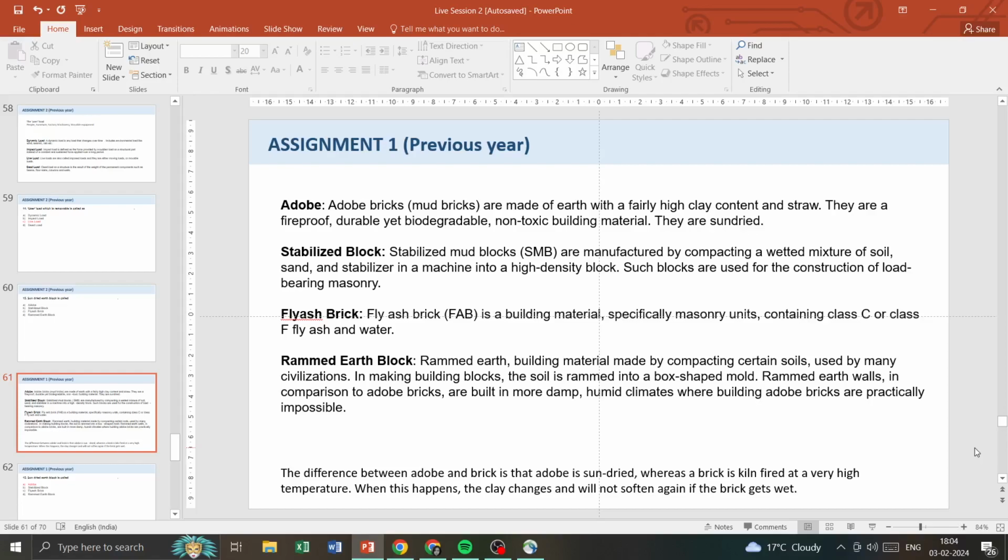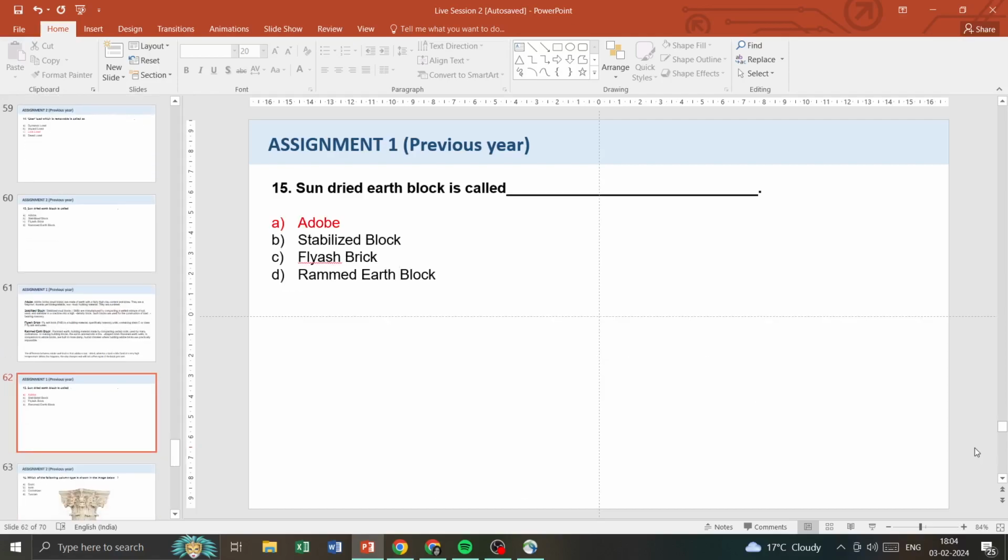Rammed earth walls, in comparison to adobe bricks, are built in more damp, humid climates where building adobe bricks is practically impossible. The difference between adobe and brick is that adobe is sun-dried, whereas a brick is kiln-fired at a very high temperature. When this happens, the clay changes and will not soften again if the brick gets wet.